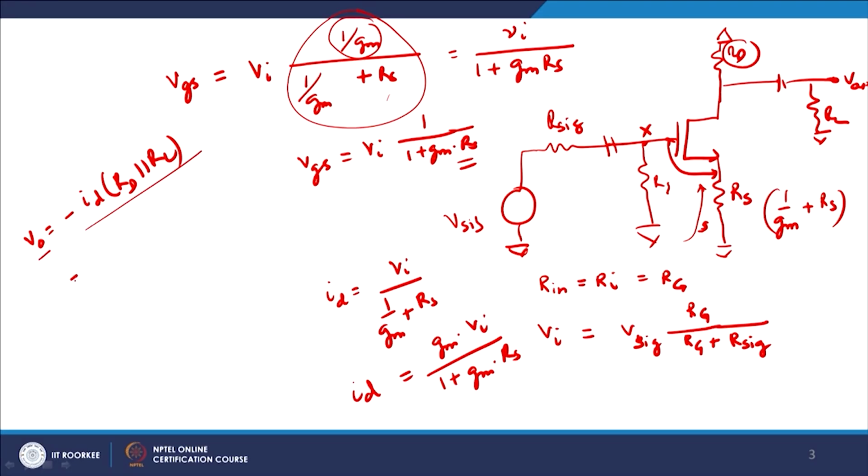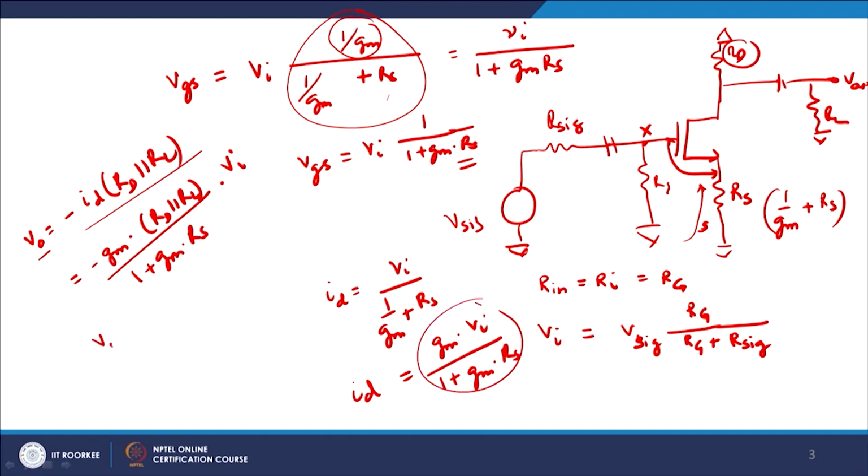So I can safely write this as minus gm times (RD parallel RL) divided by 1 plus gm times Rs, into Vi. We are plugging this in here, and therefore V0 by Vi, which is the gain Av, equals minus gm times Rd upon 1 plus gm times Rs, where Rd is the drain resistance.